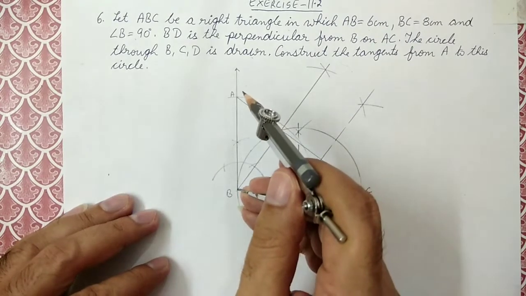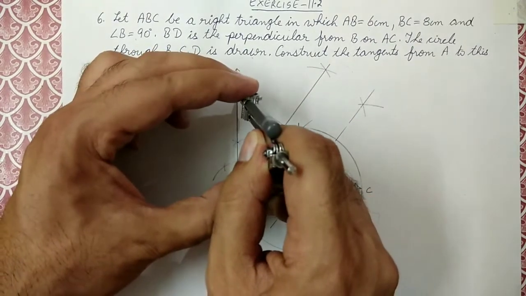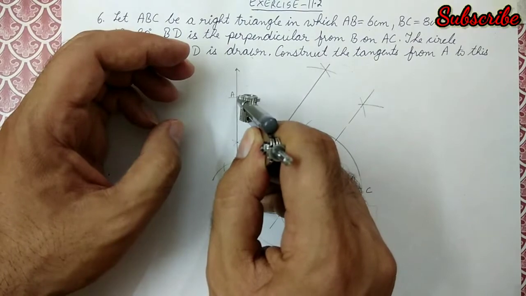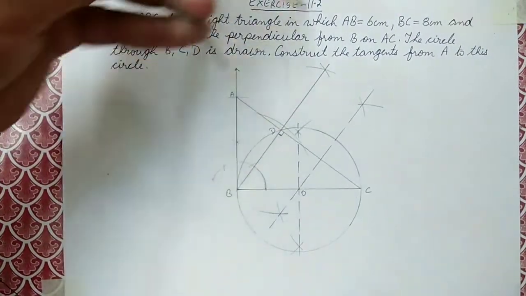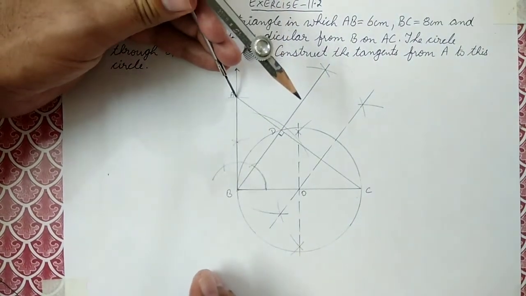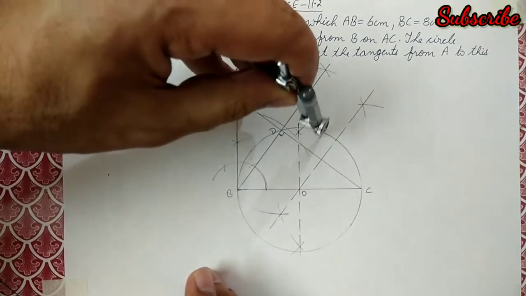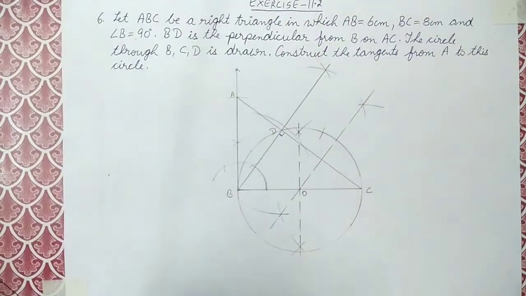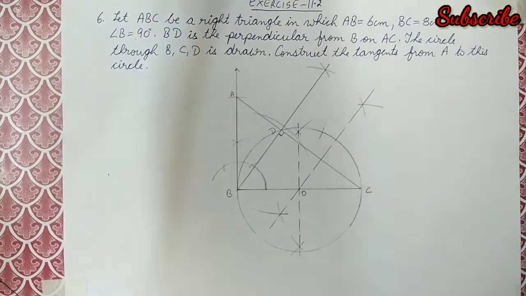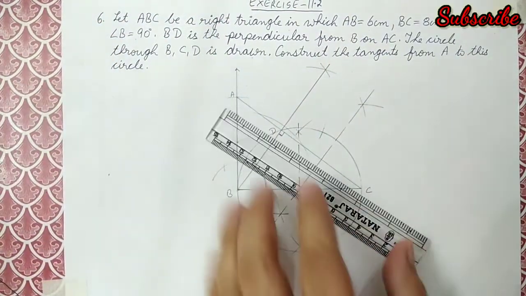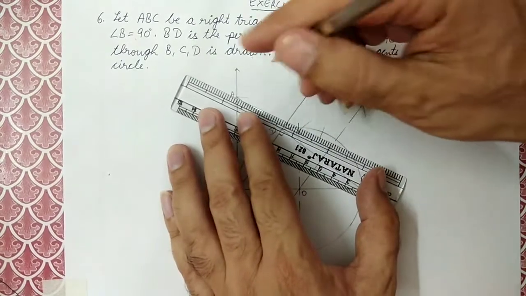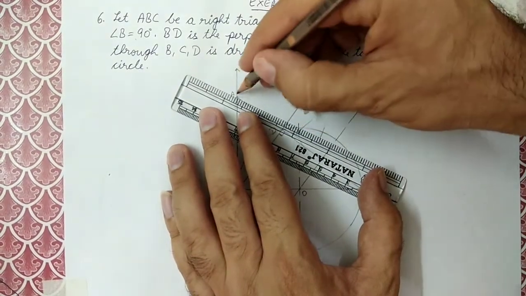That is 6 centimeter. This is the shortcut. So you can just keep it at A. Now this is one arc and this is the other arc. And then you can join these 2 arcs. So this way you can make it a little bit simpler.